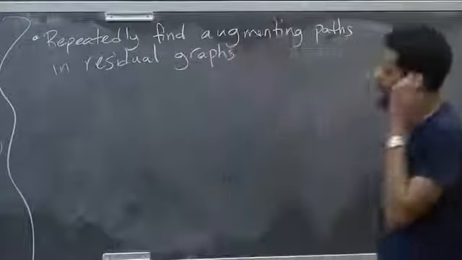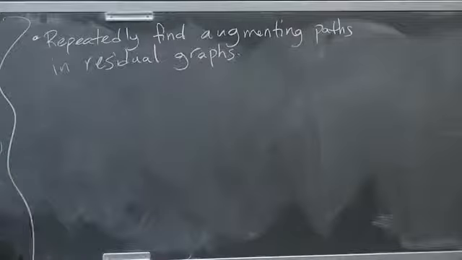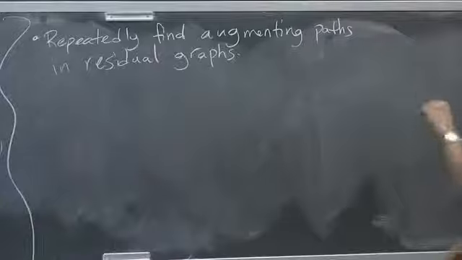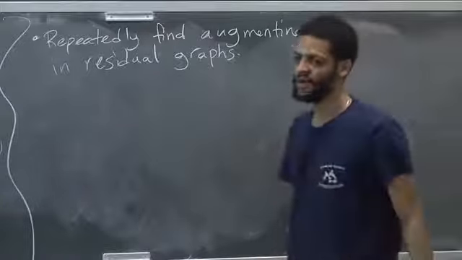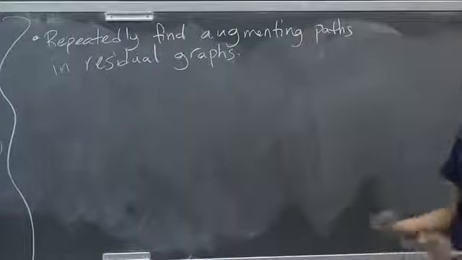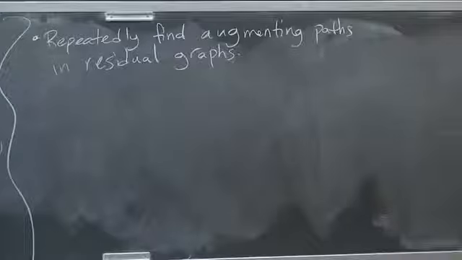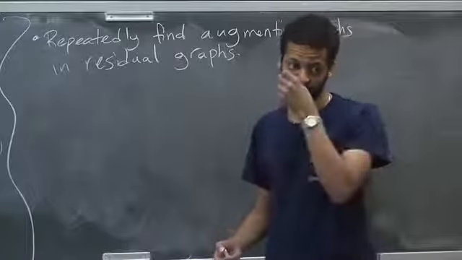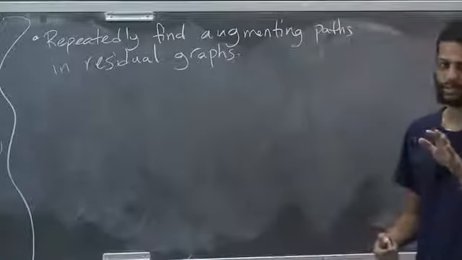Remember, if we have some current flow F, you can define what's called a residual graph, where the new capacity in the residual graph is the old capacity minus the flow on that edge. So the residual capacity is just how much more capacity is left over given the amount of flow we've already sent. Any questions? No question.